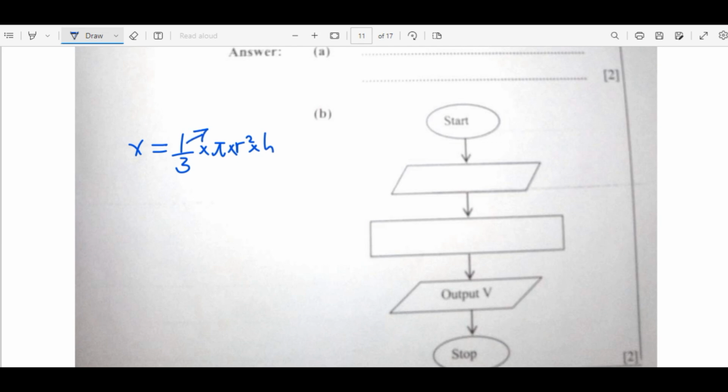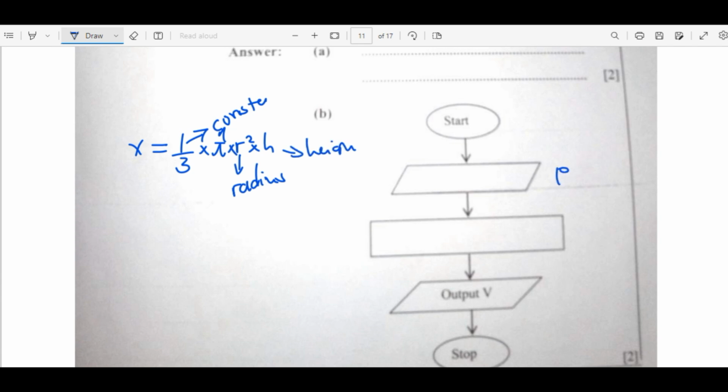Now 1/3 is constant. Even pi is constant. Whenever you have a formula with some constant values, those constant values are not considered to be inputs. So the only 2 inputs that we have are the radius and the height.